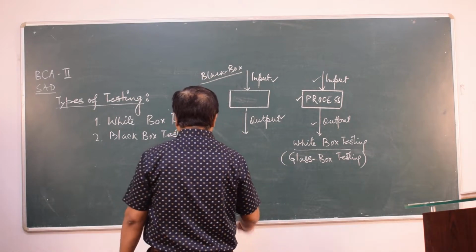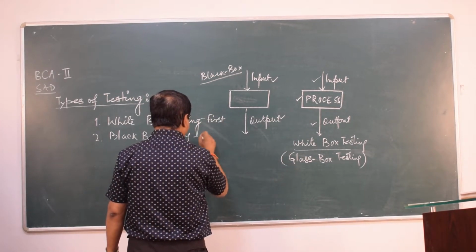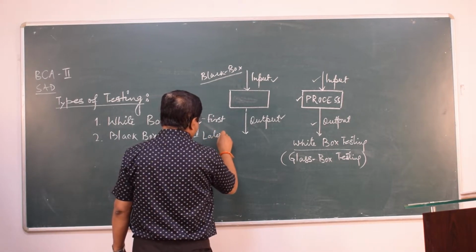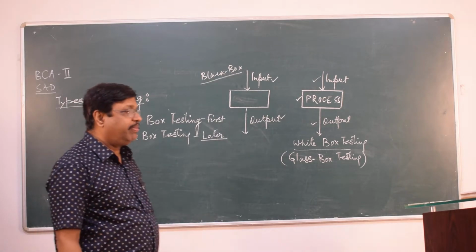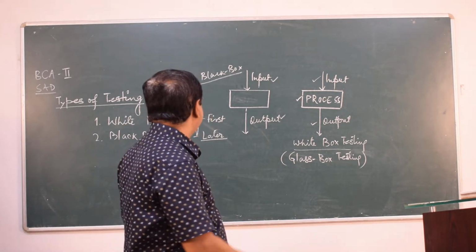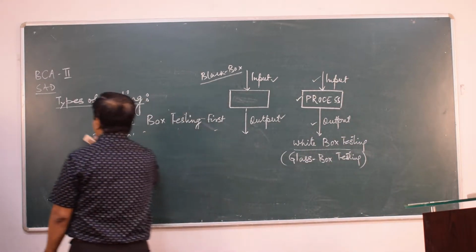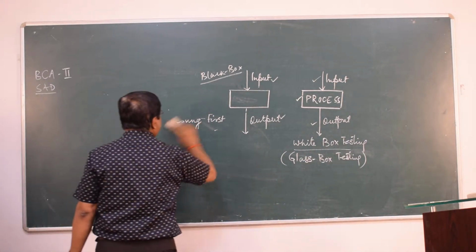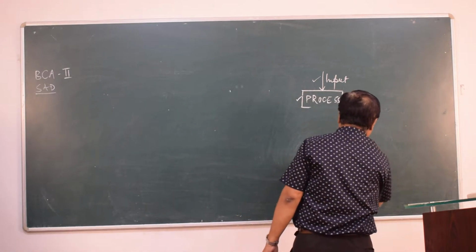White box testing is performed first, whereas at the later stage we perform the black box testing of the software. So we can define now what are black box testing and white box testing.